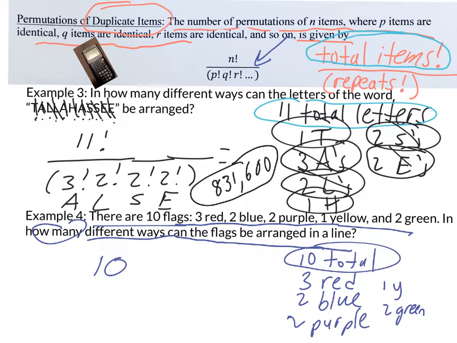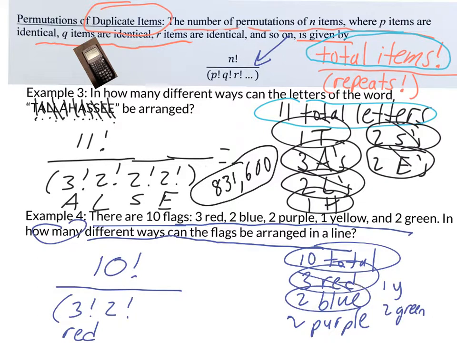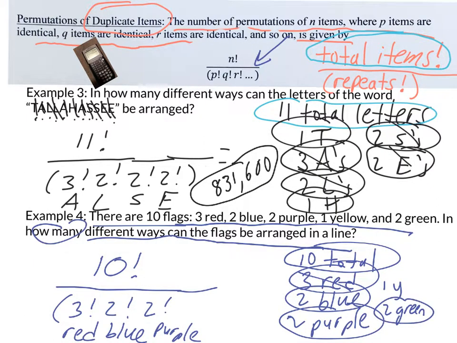There were 10 total, and it gets a factorial divided by parentheses around the bottom. Everything that there is 2 or more of. So there were 3 red, so 3 factorial to represent the 3 red, 2 factorial to represent the 2 blue, times 2 factorial to represent the 2 purple, and another 2 factorial to represent the 2 green.